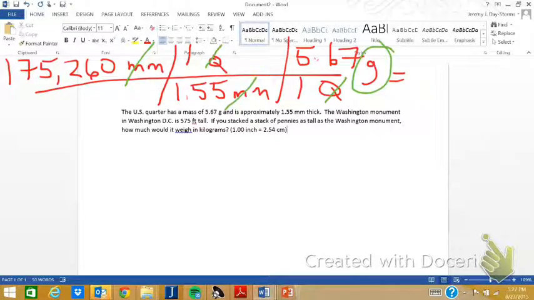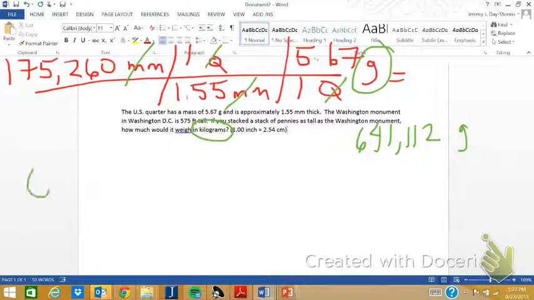So if I take 175,260, times that by 5.67, divide it by 1.55, I'm going to get, and I'm going to write just several of these numbers down, 641,112 grams. But the answer is asking for kilograms.